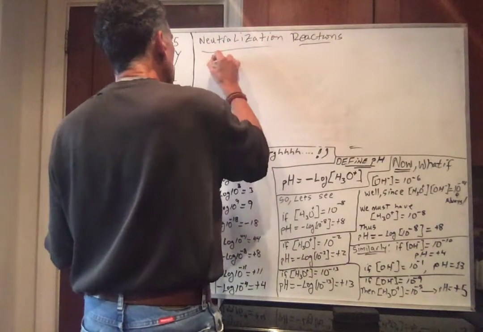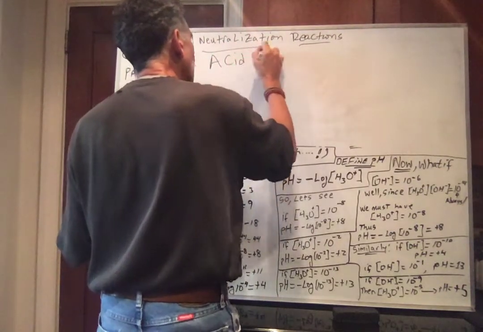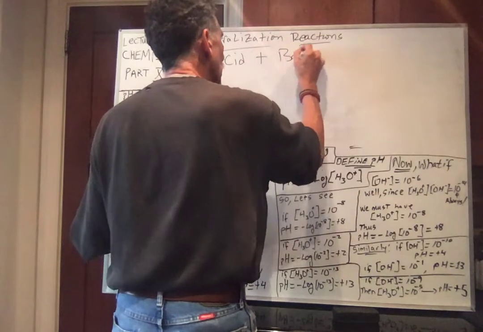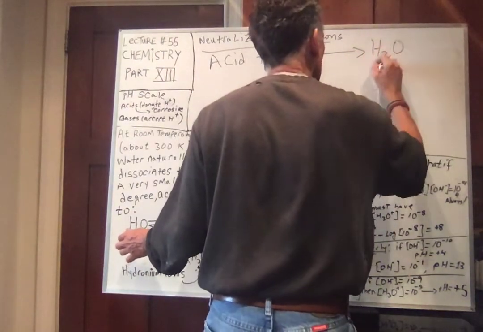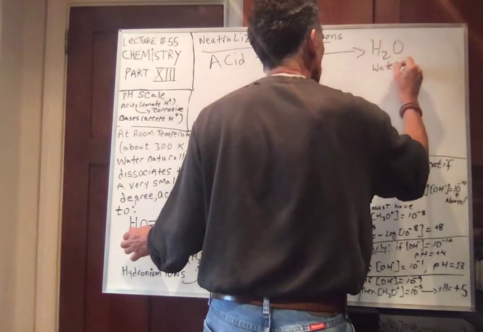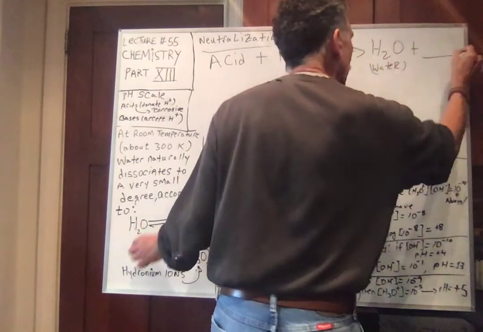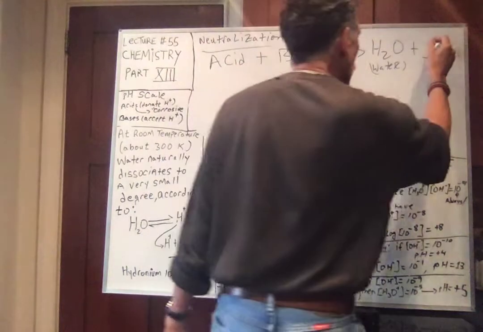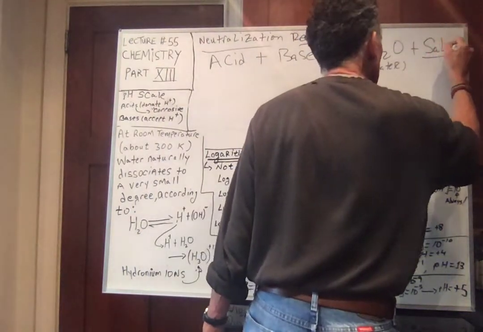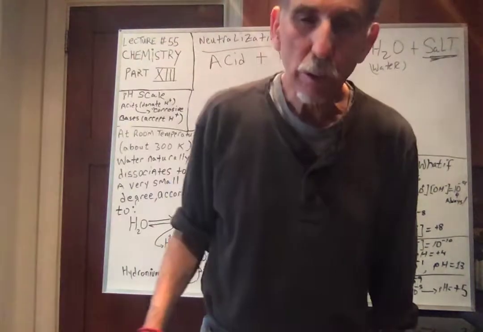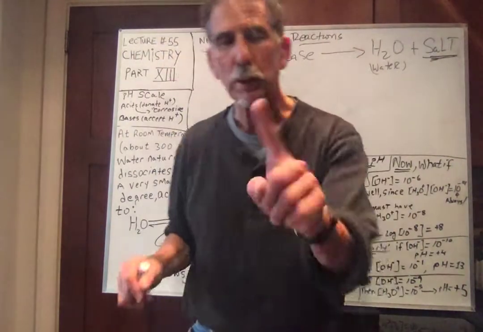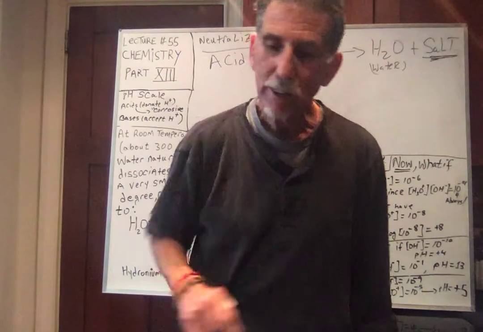When you add an acid plus a base, you always get water plus whatever is left over, which is a salt. That's what we define to be a salt. You know the joke? Two peanuts were walking down the street. One was assaulted. Different kind of salt.